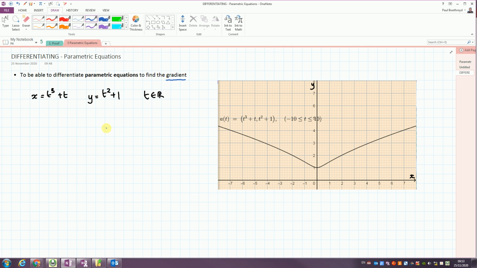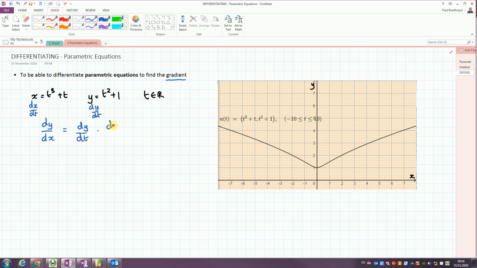Now, if we remember that the gradient is given by dy/dx, we know from what we've been doing before that we can find dx/dt, and we can find dy/dt. Using a version of the chain rule, we can find dy/dx by using dy/dt.